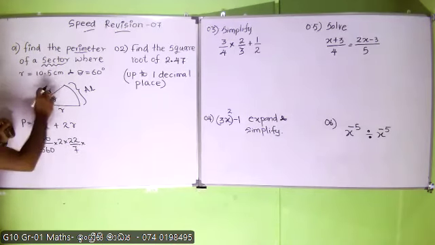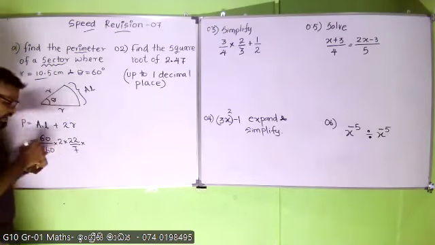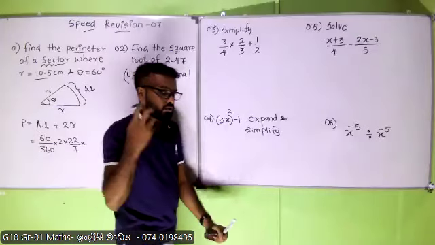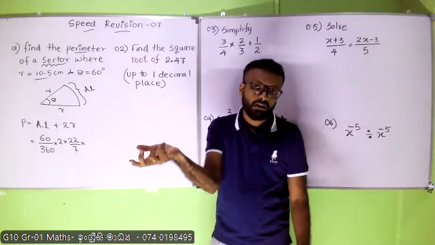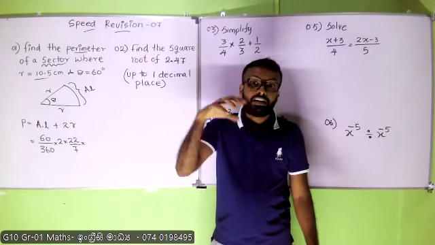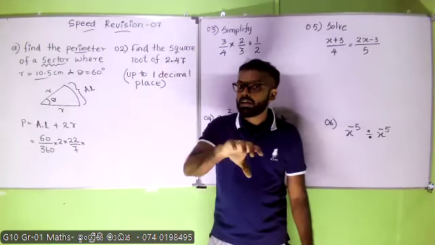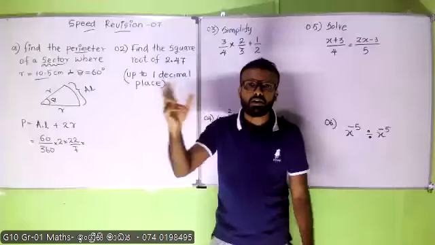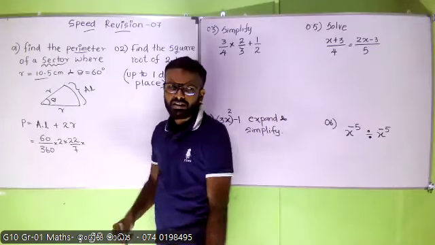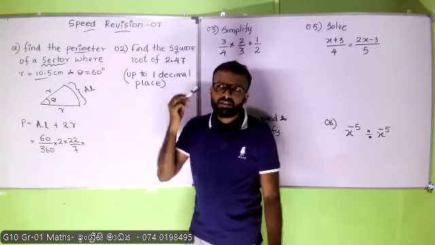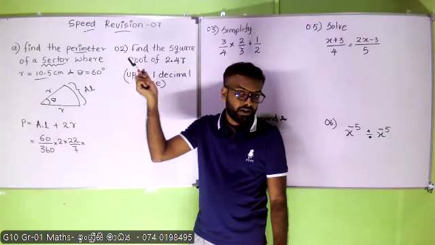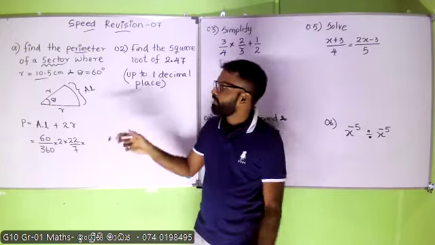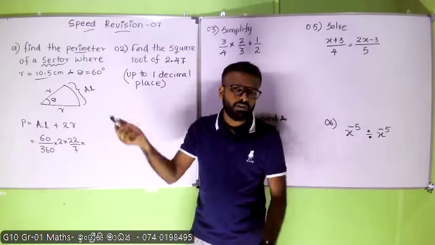Ready? 10.5. You know an additional way to write 10.5 in a different way, so that it will help us to simplify easily. 10.5 can be written as 21 upon 2. I think Amina sent me the answer when we were doing the perimeter, when I asked how to write 10.5 in a different way.